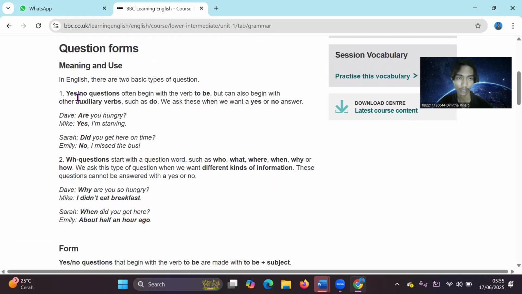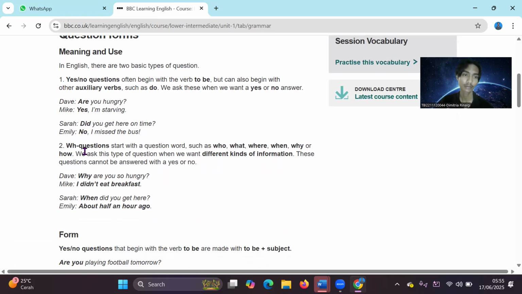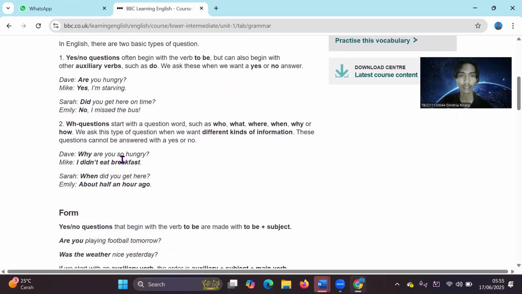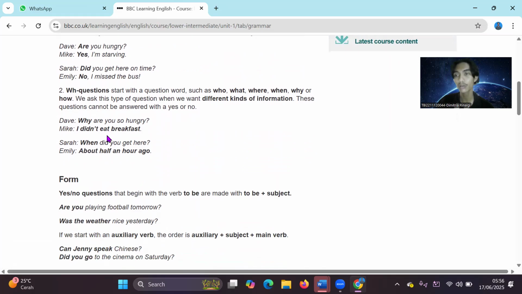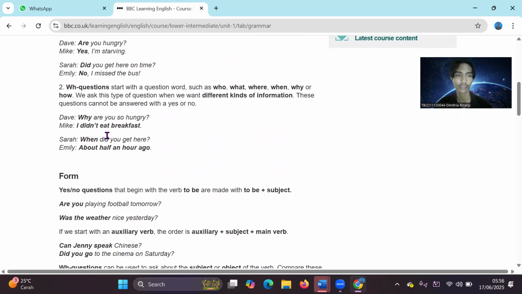For yes/no questions, there are only two answers, yes or no. But for WH questions, we cannot just answer with yes or no. For this form we have to give a long answer.